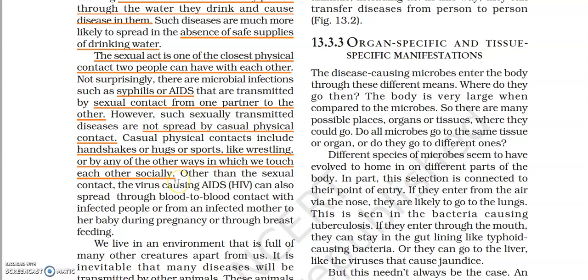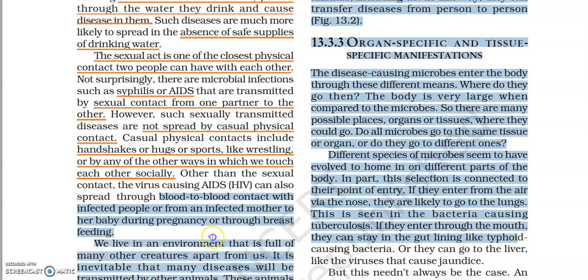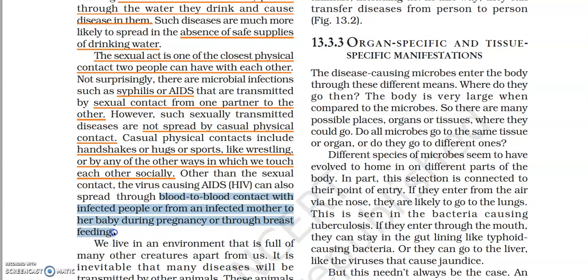Other than sexual contact, the virus causing AIDS, that is HIV, can also spread through blood-to-blood contact with infected people, and from an infected mother to her baby, during feeding or maybe during pregnancy also.